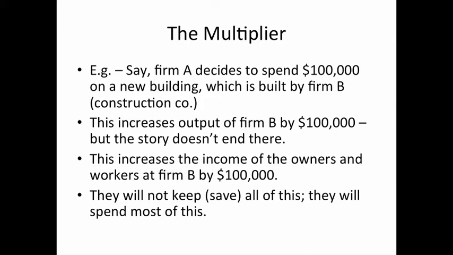Firm B receives the money, so that increases their income by the same amount, by $100,000. So what do they do with the $100,000? Well, what the theory suggests will happen next is that the firm won't keep, that is, save all of this money. They will go ahead and spend at least some portion of this increase in income.